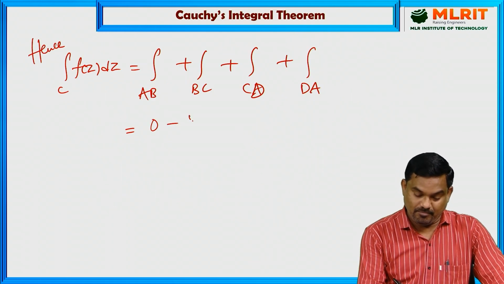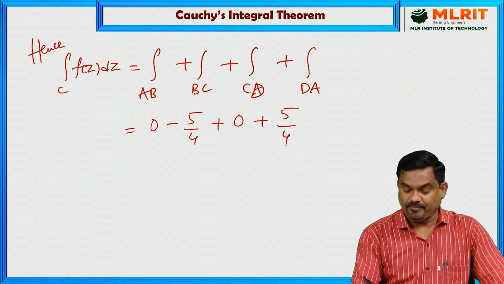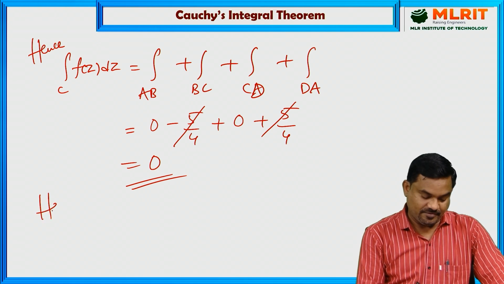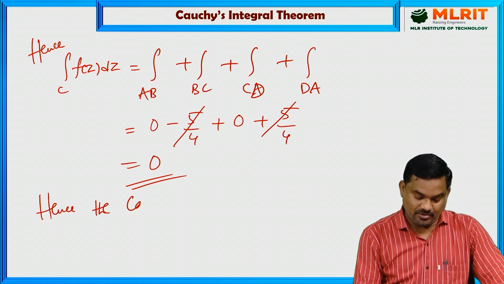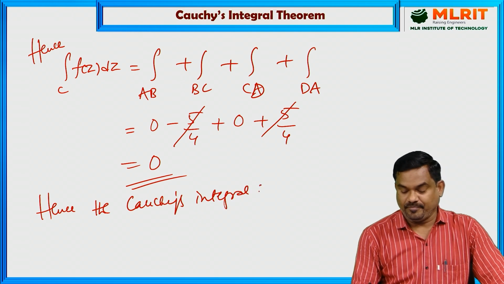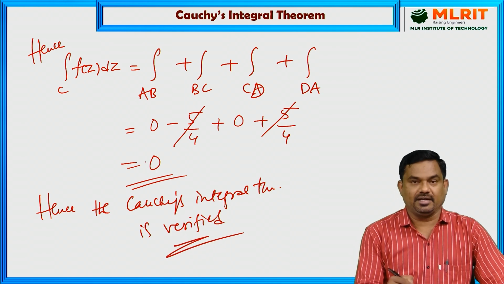So 0 minus 5 by 4 plus 0 plus 5 by 4. So the answer is 0. Hence, the Cauchy's integral theorem is verified, since the integral is 0.